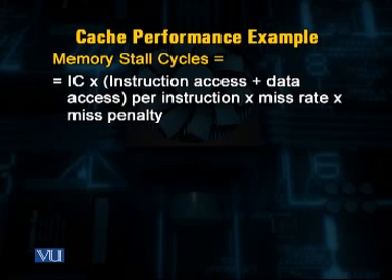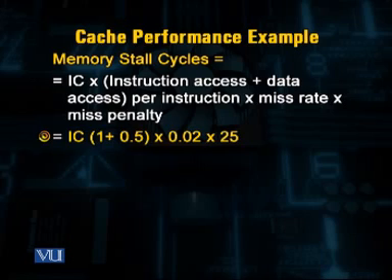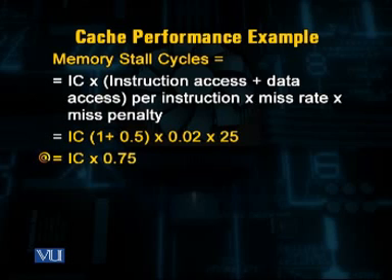By substituting the given data in this expression, the memory stall cycles equal the instruction count multiplied by 1.5, which is 1 for the instruction access and 0.5, which is the 50% data access, multiplied by the miss rate, which is 0.02 or 2%, and the miss penalty, which is 25 clock cycles.